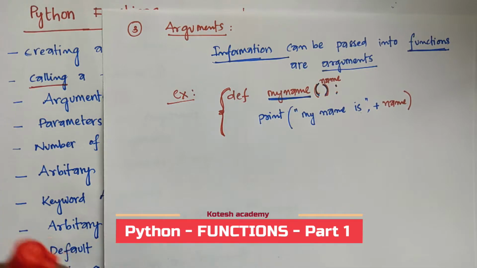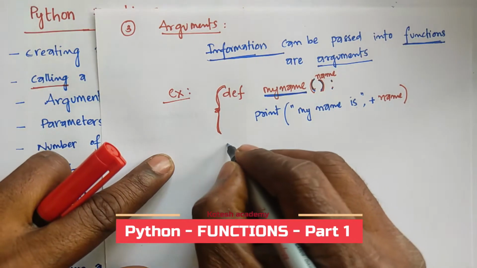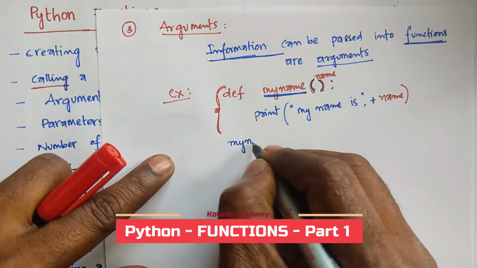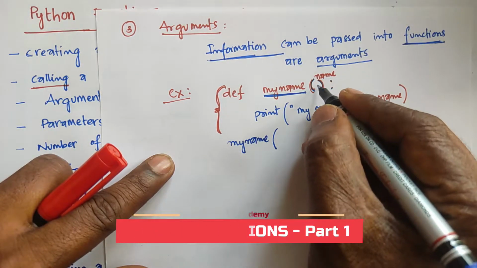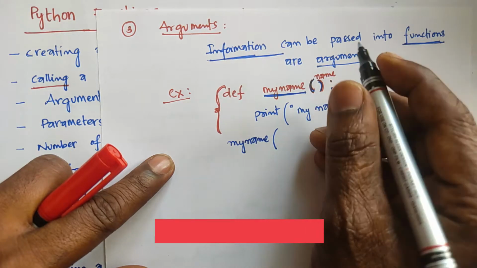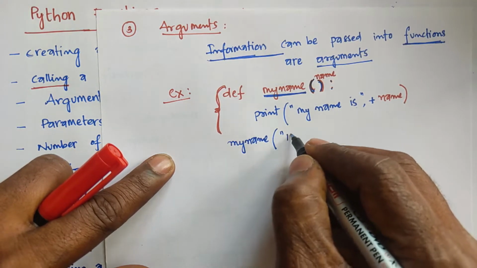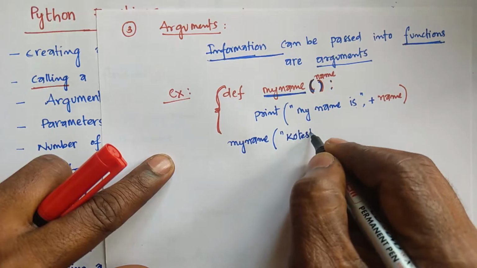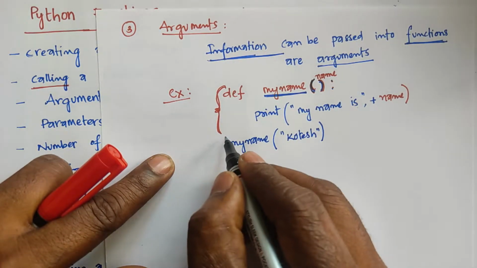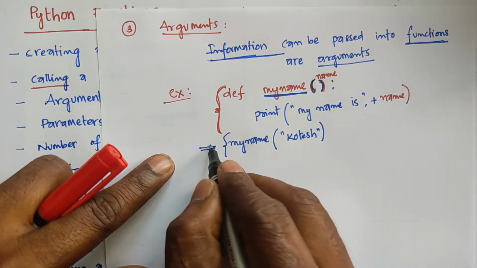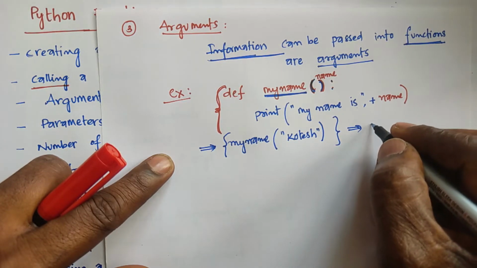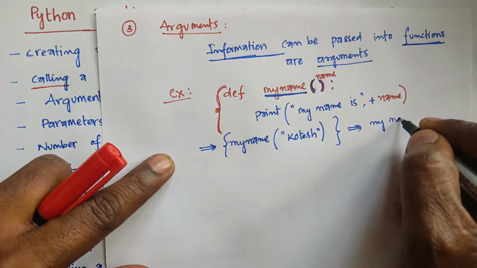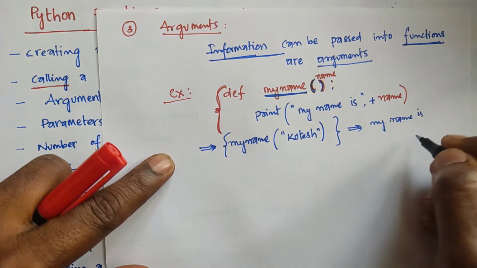Now I am calling my name, and within the bracket I am using quotation. After execution of this line, I get the result: my name is quotation.